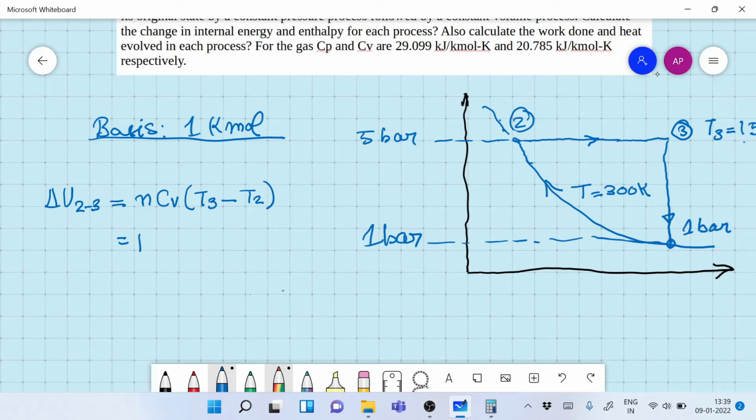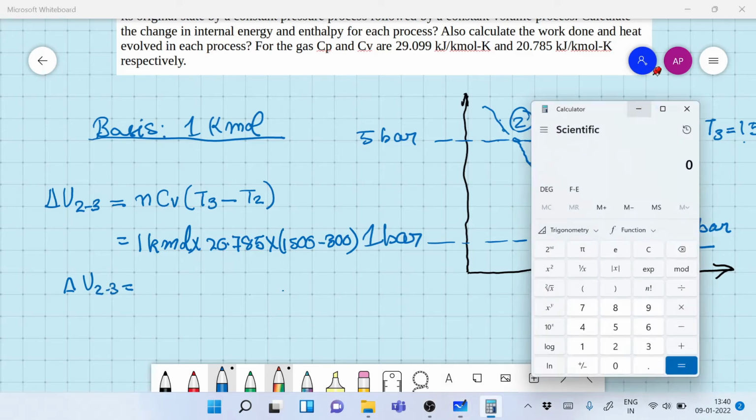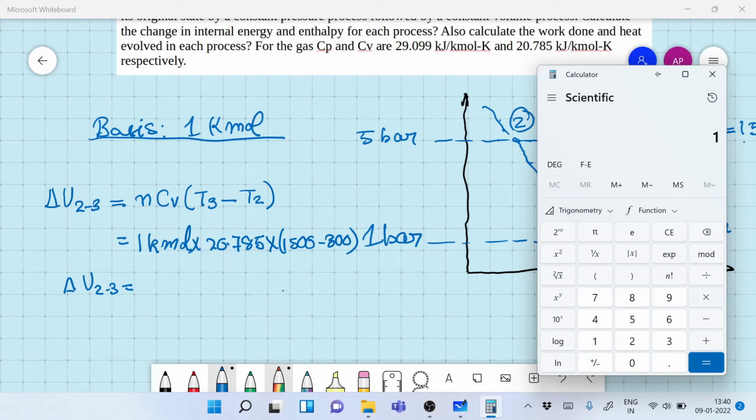This will be equal to N, which is 1 kilomole, into Cv, which was given as 20.785, into 1500 minus 300. That will be 24,942 kilojoules.